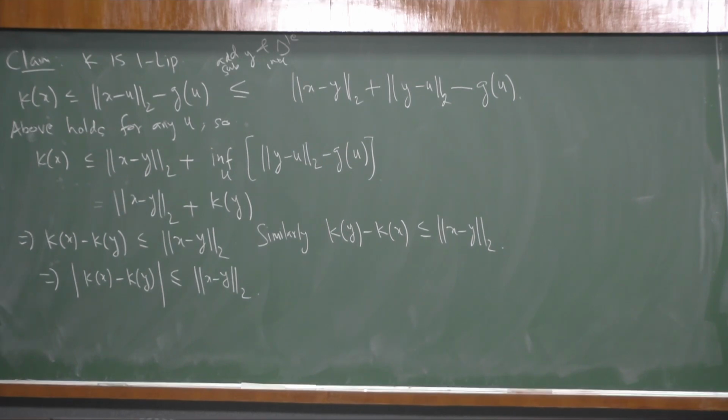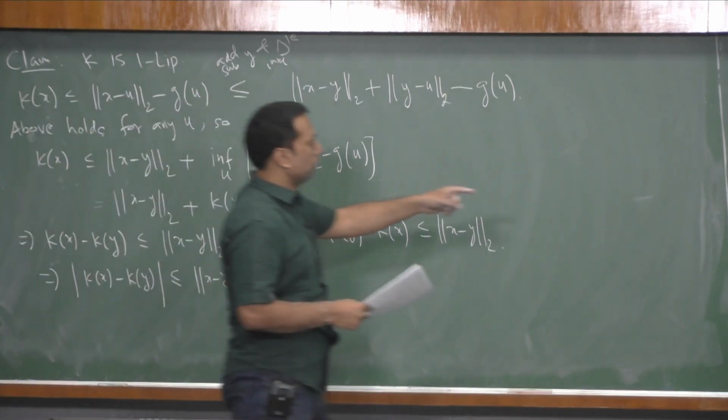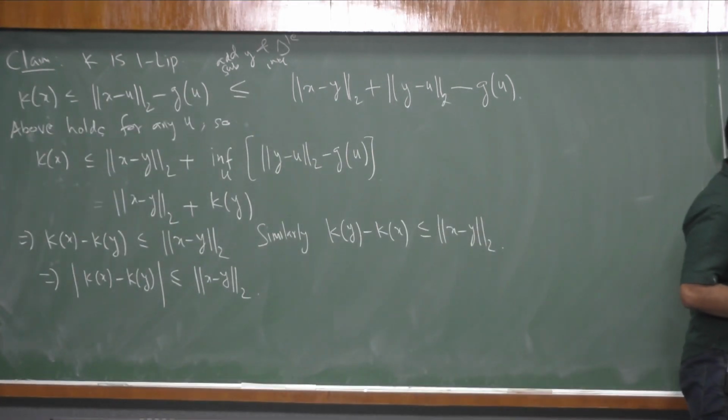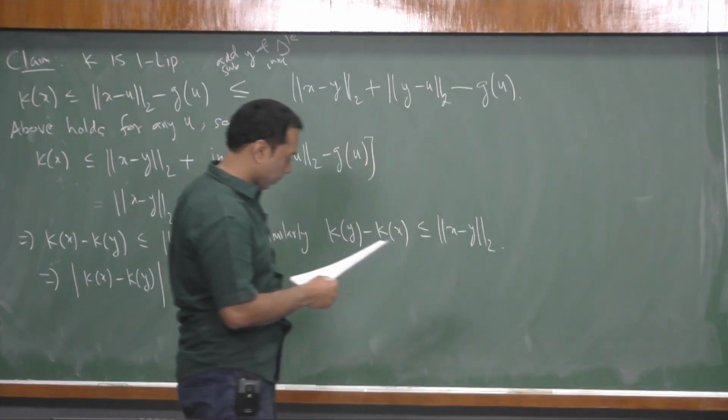So now our assumption is that fx plus gy is less than or equal to the norm of x minus y.